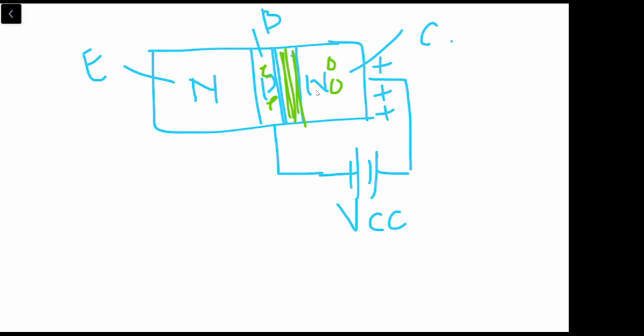These minority carriers are pushed towards the junction, and as you remember, they are going down the energy hill, so they will simply push through the junction and constitute a current, which is normally called IC minority current, or the collector current flowing due to the minority carriers. Are you with me? This was normally called the reverse current in the diode.